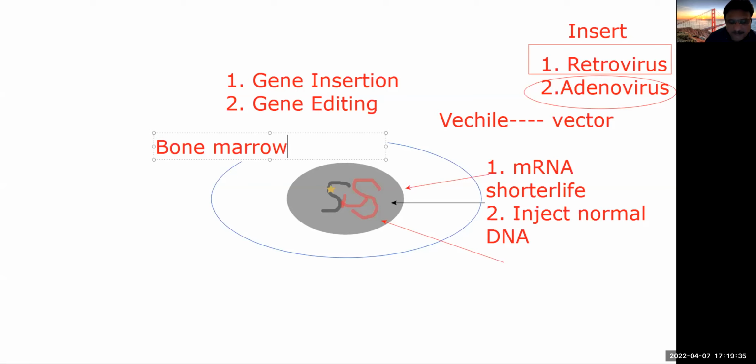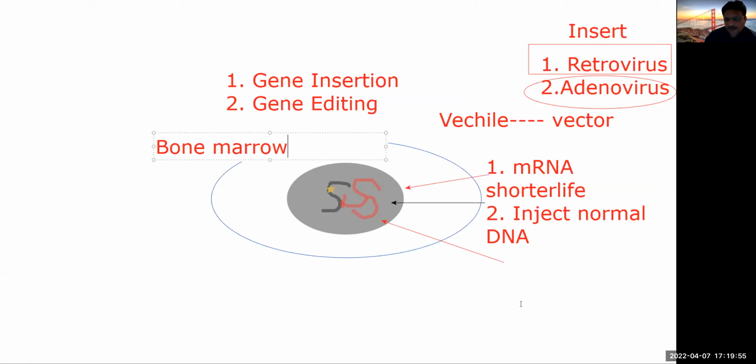And once you get the best lab, you need the best doctor, a hematologist, because it's a blood-related disease, and a surgeon who can do a bone marrow transplant, right?